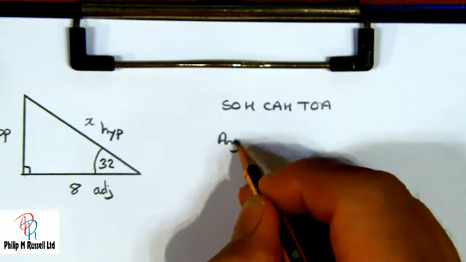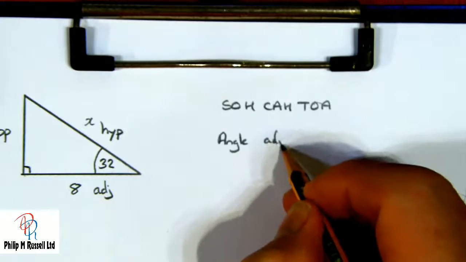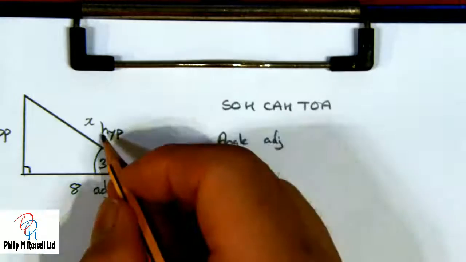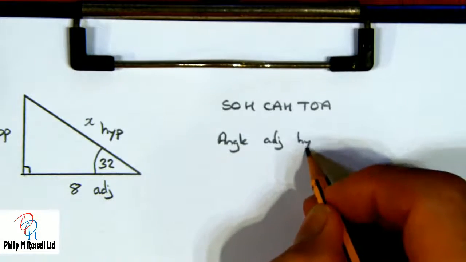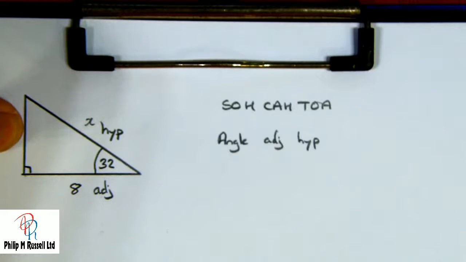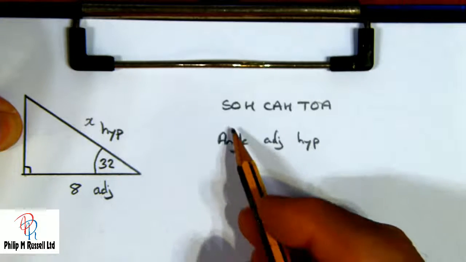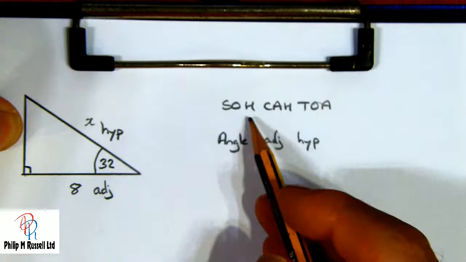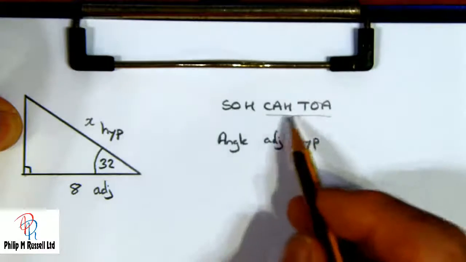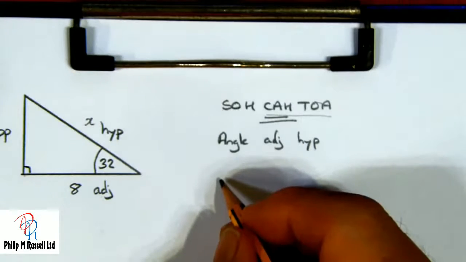We've got an angle, we've got the adjacent, and I want to find the hypotenuse. So I'm not interested in this opposite. Which one have we got? Well, we've got an angle, sine, cos or tan. We've got the adjacent, so it's either going to be CAH or TOA. We've got the hypotenuse, so this one is going to be the cosine, cos.